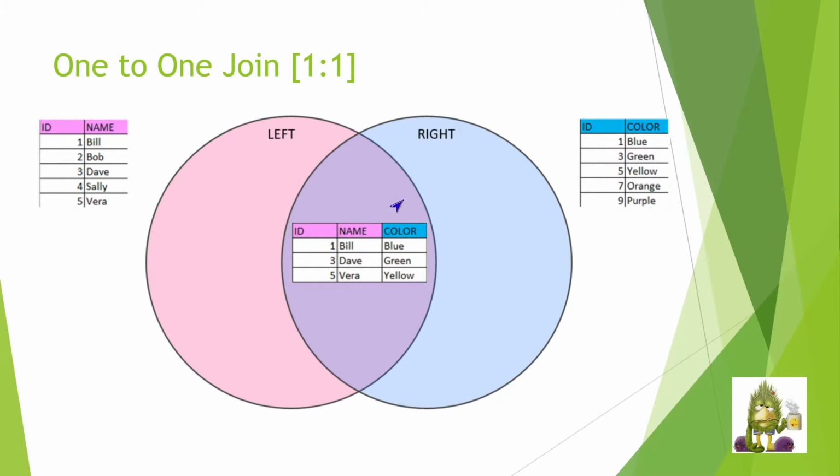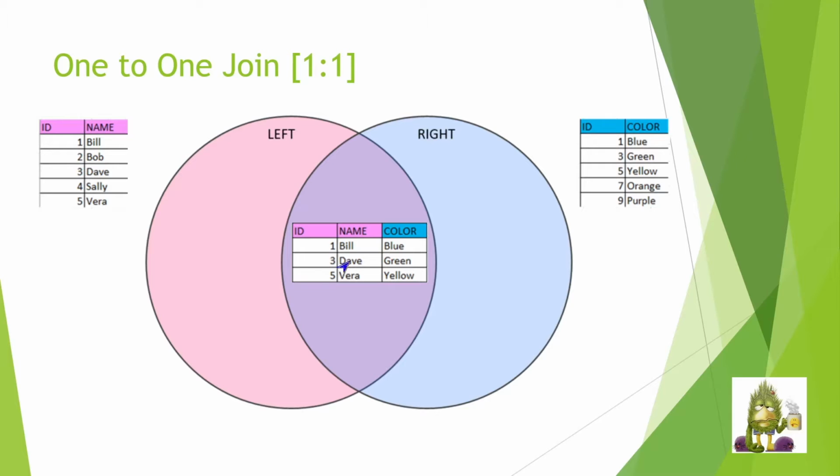For example, in a one-to-one join, on the left I have these 5 different names that are all ID'd 1 through 5. I have 5 colors, which are ID'd 1, 3, 5, 7, and 9. When I do a one-to-one inner join, which is what we did, we want to see the intersection of these two sets of data.